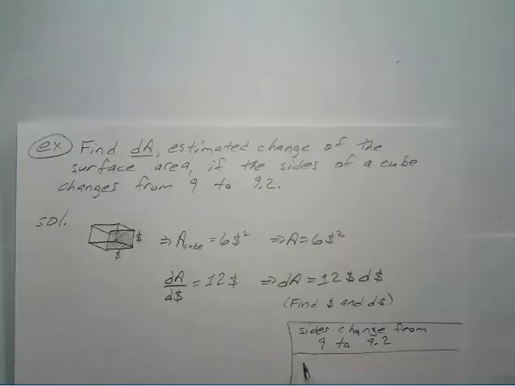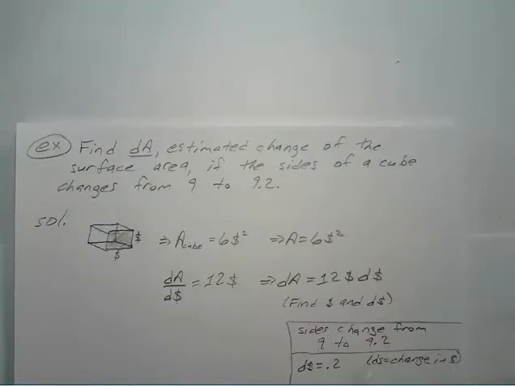So our change in S is actually equal to 0.2, since dS equals the change in S. You go from 9 to 9.2, you actually changed 0.2.